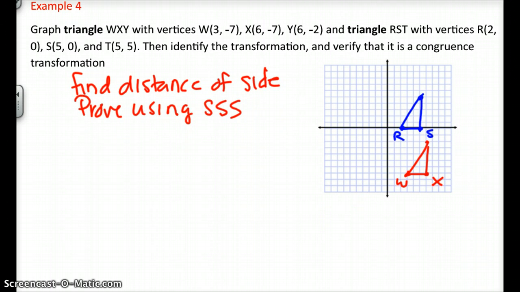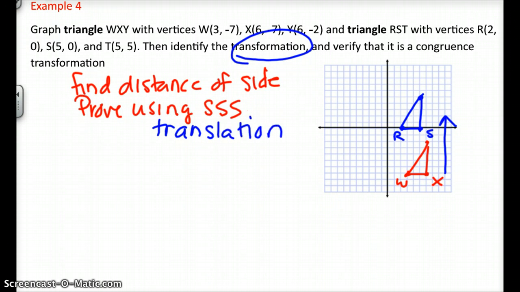All right, so first off, I need to decide what kind of transformation do I have. It looks like I have a translation. I'm just moving it. I'm not going over the y-axis. Just moving it up. All right, and so now I need to find all of my line segments. So I need to find RS. Now I can count RS here, and I can see that's 3, so I don't need to use my distance formula.